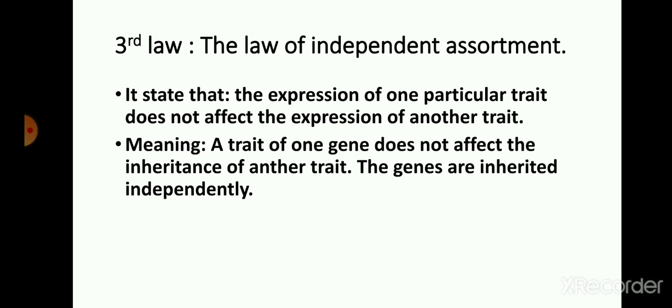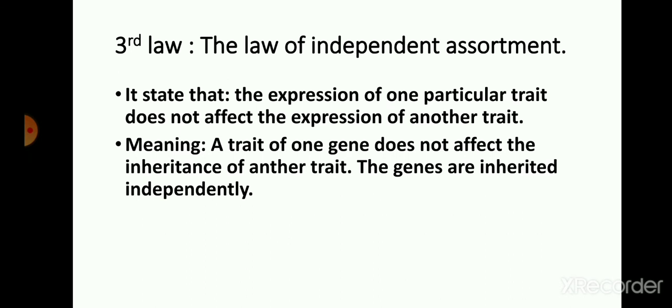This law says that the trait of one gene does not affect the trait of another gene. For example, the trait of tall height and the color of flower: the alleles for flower color and the alleles for tall height do not interfere with the expression of each other. So they are inherited independently.